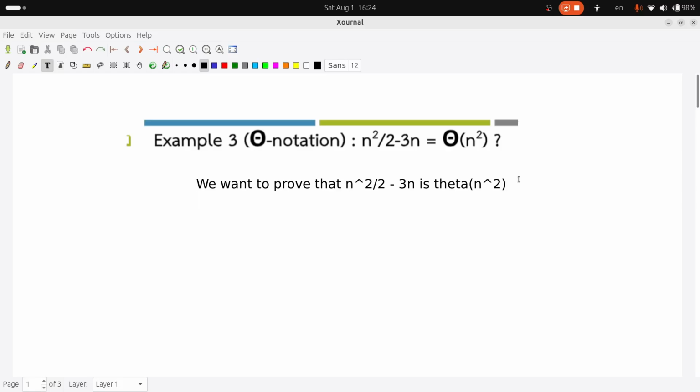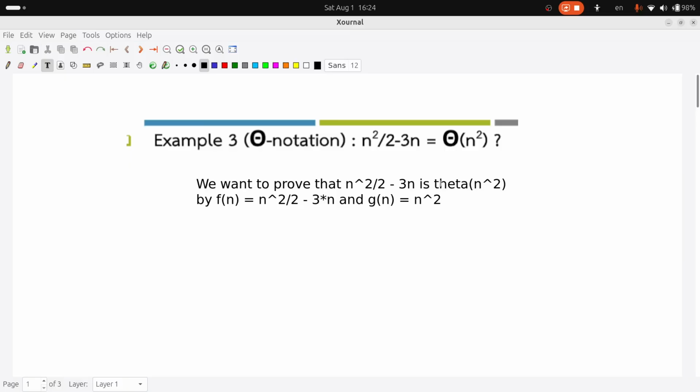We write f(n) is n squared divided by 2 minus 3 multiplied by n, and the function g(n) is n squared.